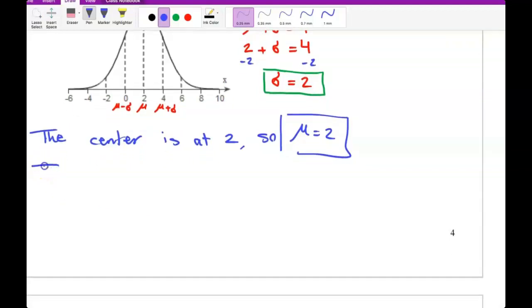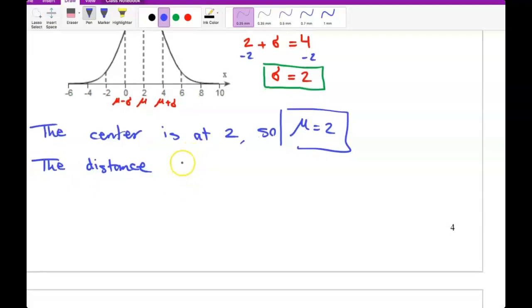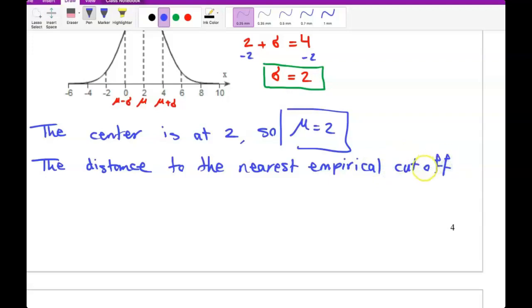And also the distance to the nearest empirical rule line, because here we use the empirical rule, is 2. That means the standard deviation is equal to 2.